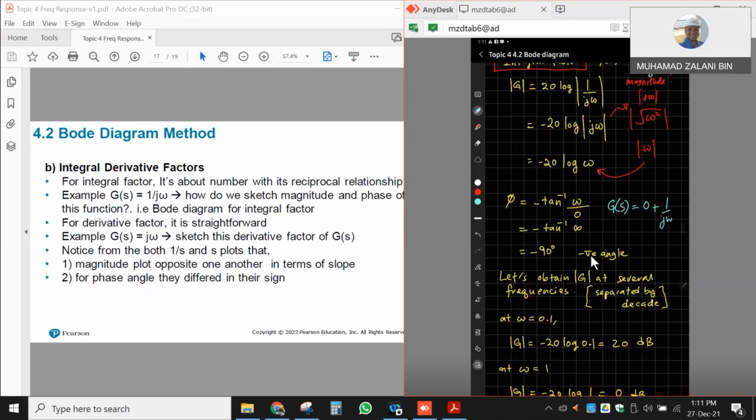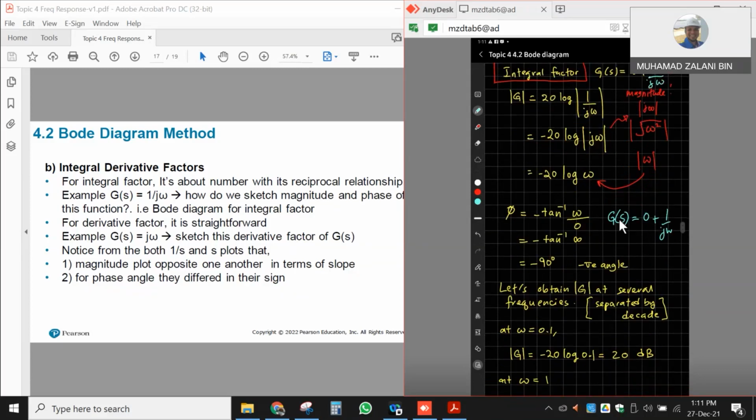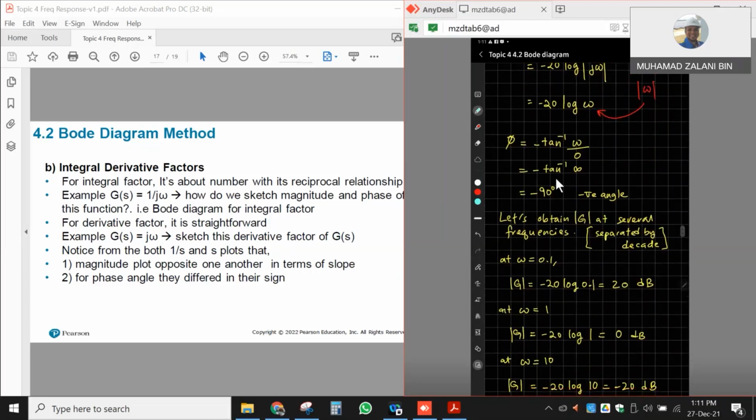So in this form, with the reciprocal of j omega, we can do it in the form of tangent omega divided by 0, which is infinity. So negative arctangent infinity is negative 90 degrees, which is a negative angle.